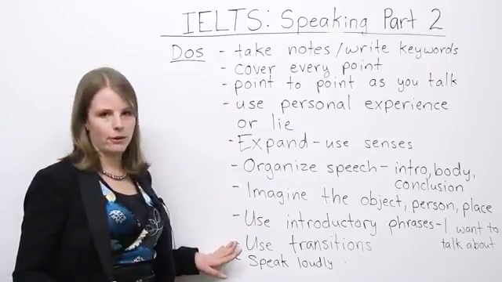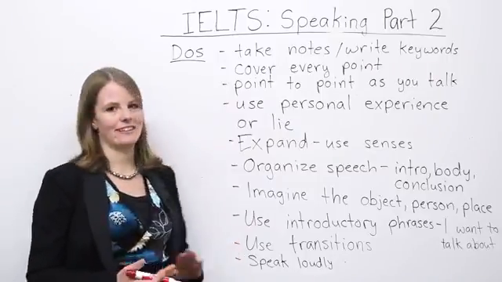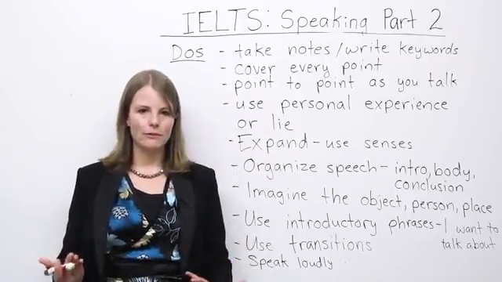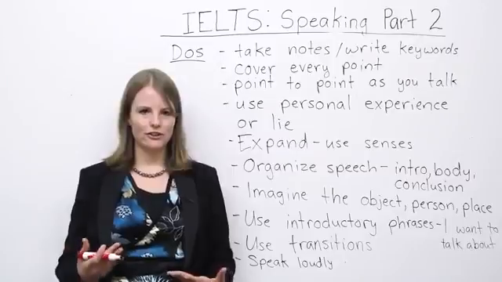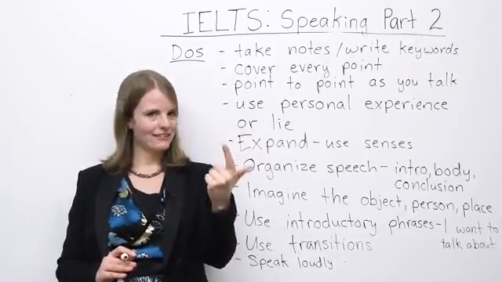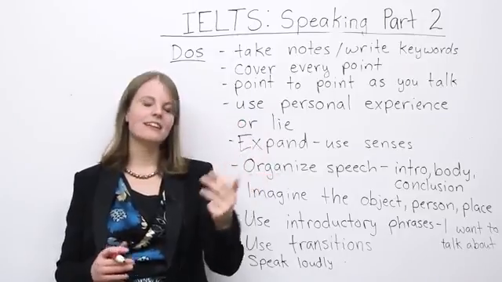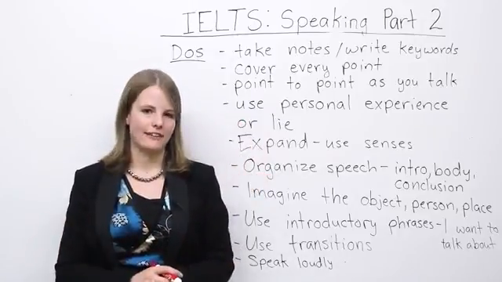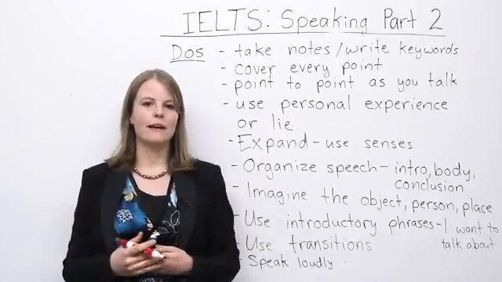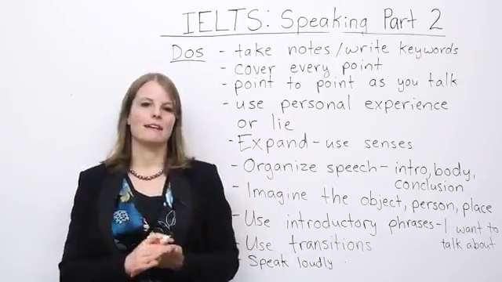This is a very important point. Use transitions. So what do I mean by that? Well, transitions help to organize what you're going to say. First of all, secondly, thirdly, finally. These are all examples of transitions. And in this case, you may be talking about what happened somewhere.